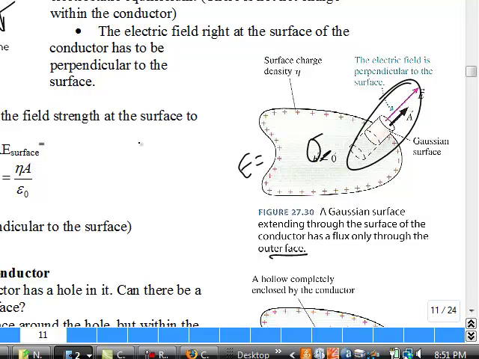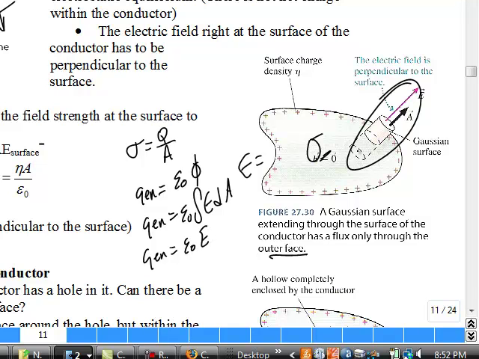And so again, I'm going to use this idea of surface charge density, which is charge per unit area. Gauss's law says Q enclosed equals epsilon naught times flux, which is the integral of E dot dA.